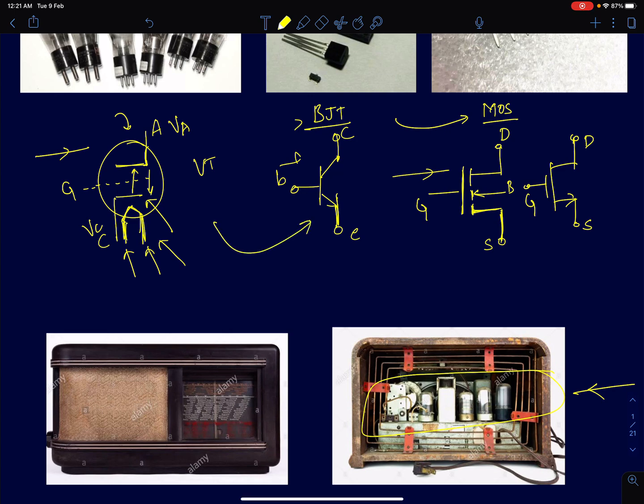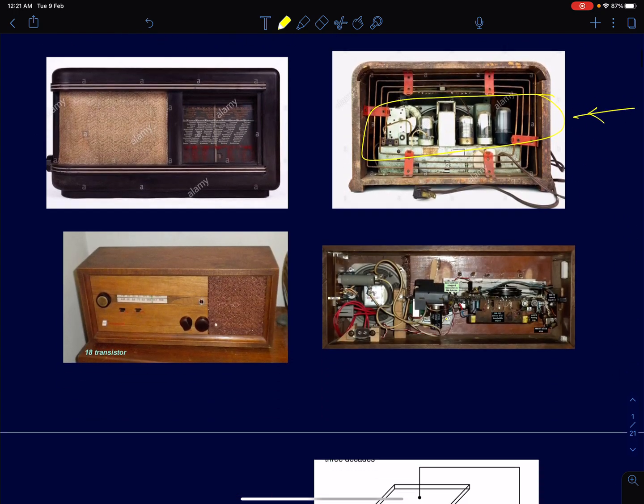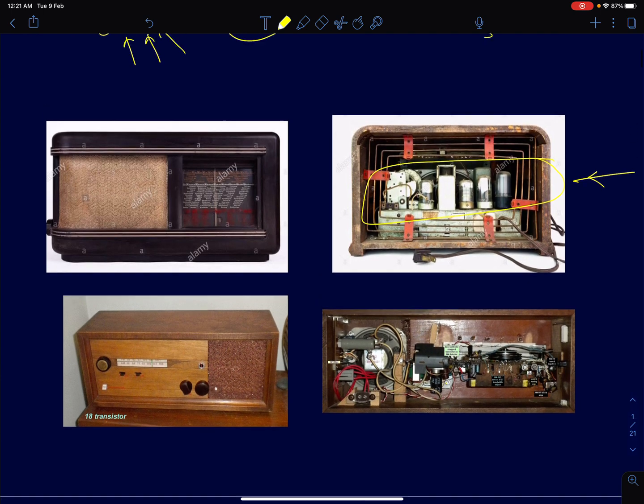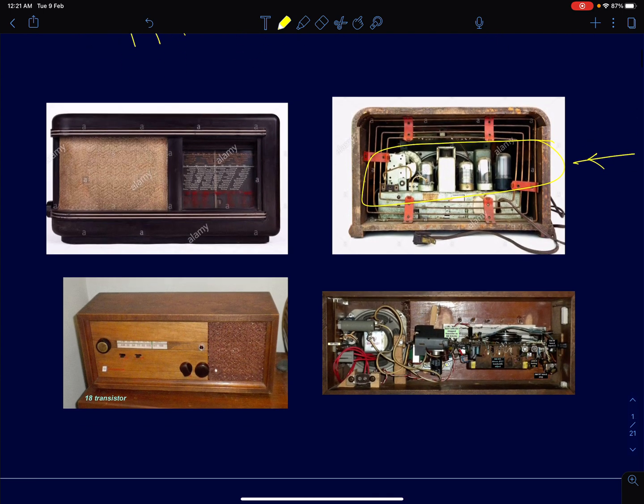But the invention of the bipolar junction transistor didn't come directly from vacuum tube amplifiers. Let me take a small detour and show this. This is a picture of a bipolar junction transistor based radio, and you can see the inside view of it.